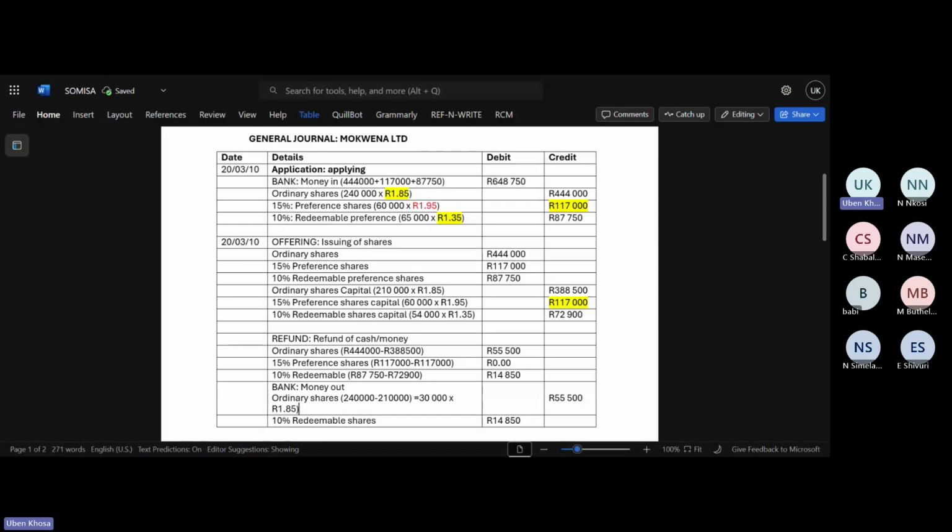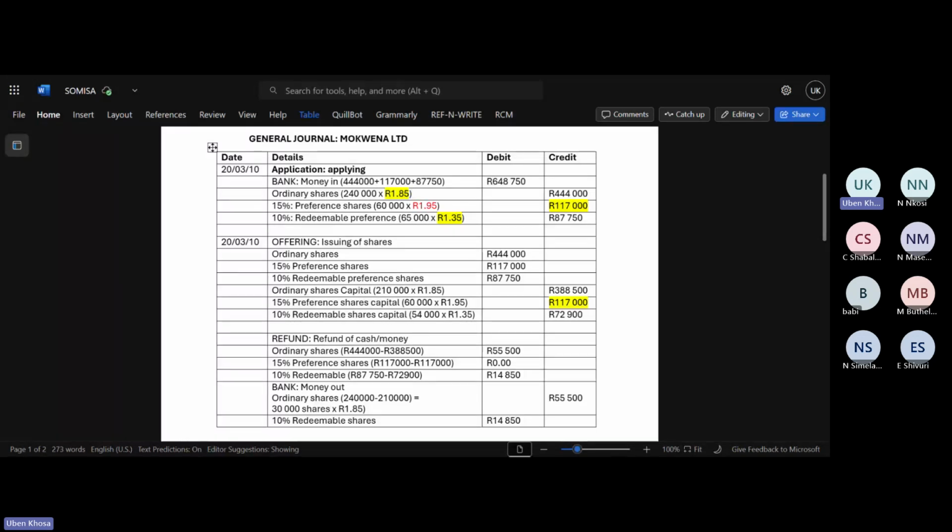So 30,000 shares to be refunded multiplied by 1,85 is equal to 55,500.